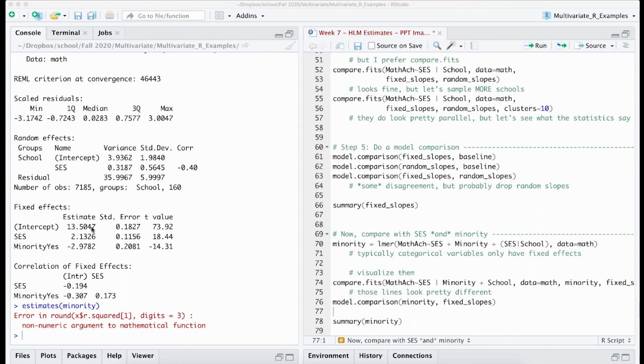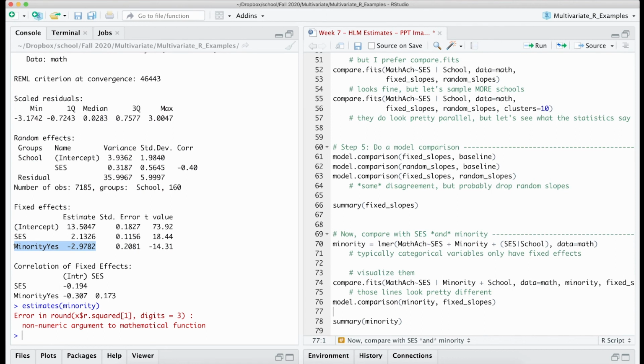And so now the fixed effect of the intercept is 13.5, which again tells you if you are of average socioeconomic status, we expect your math score to be about 13.5. And then for every standard deviation you increase in your socioeconomic status, we expect your math score to increase by 2.13 points. And then now we really get to the variable of interest, the minority yes variable.